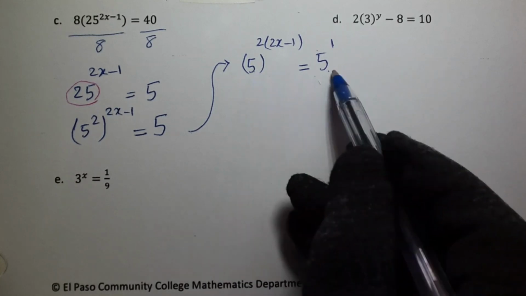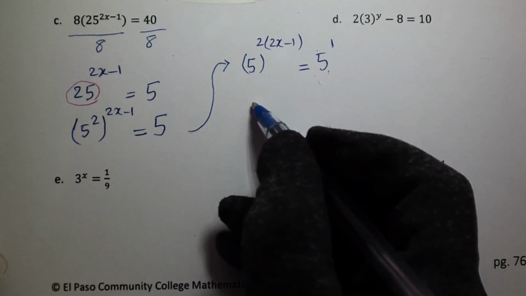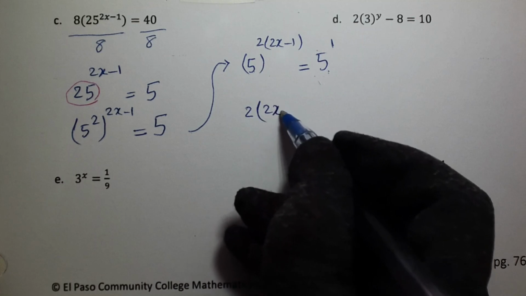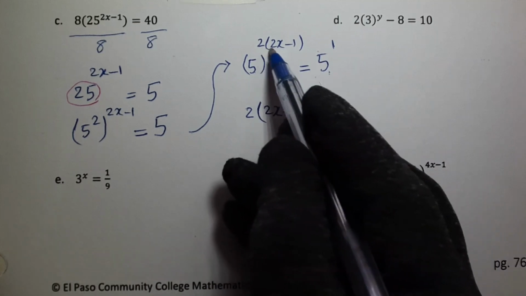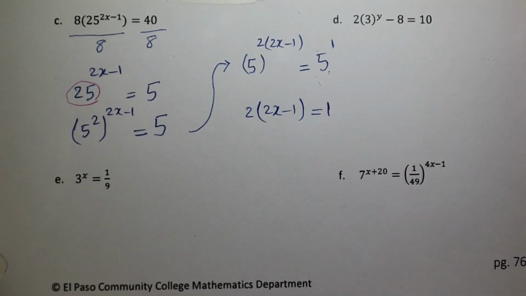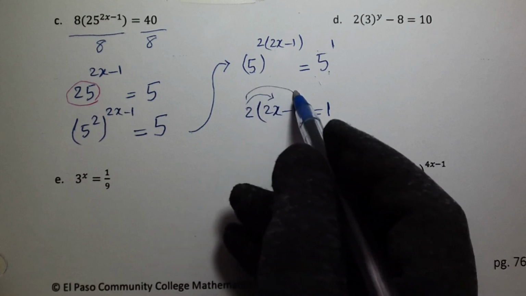Now bases are the same. Using the one-to-one property, you will have exponents the same. That means 2 times 2x minus 1 equals 1. You just need to solve this simple equation, using the distributive property.